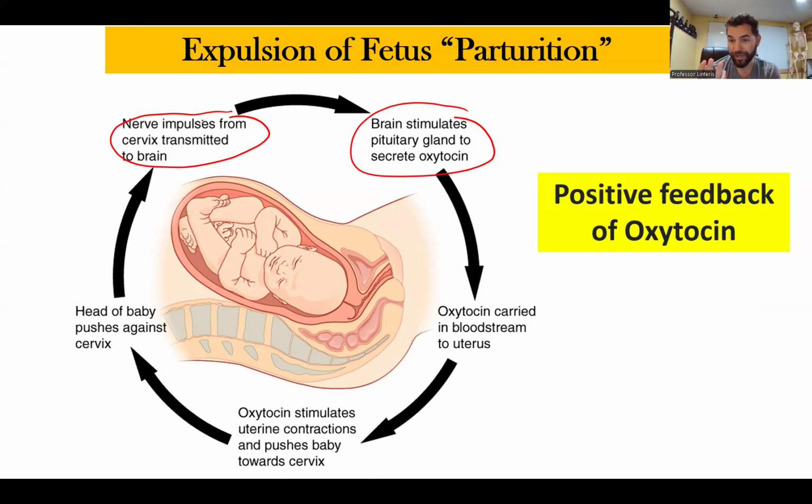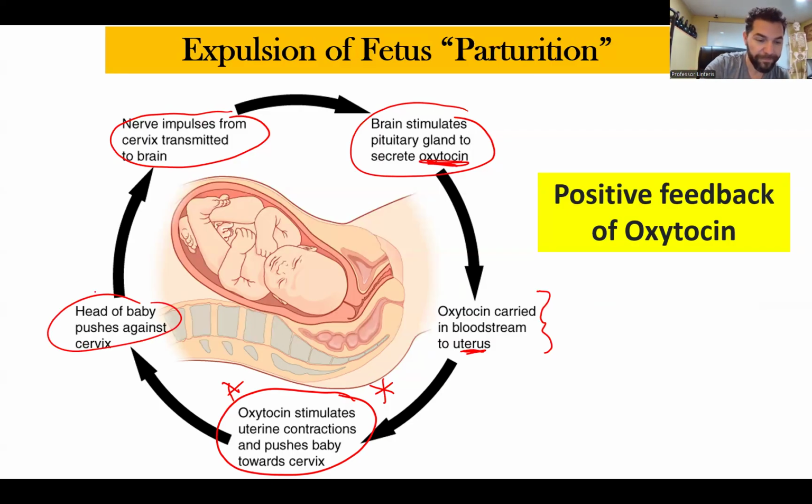That stretching sends signals to the brain, tells the pituitary gland to release oxytocin. Oxytocin, like all other hormones, enters the blood, right? Goes to the uterus, and oxytocin stimulates uterine contractions, pushing the baby out. What does that do? Stretch the cervix.